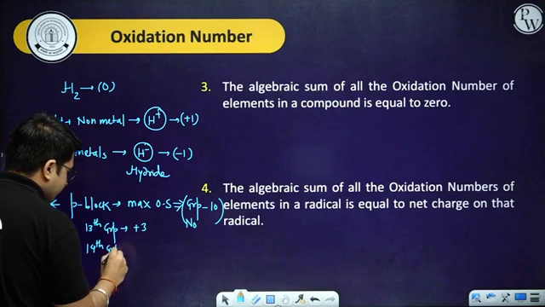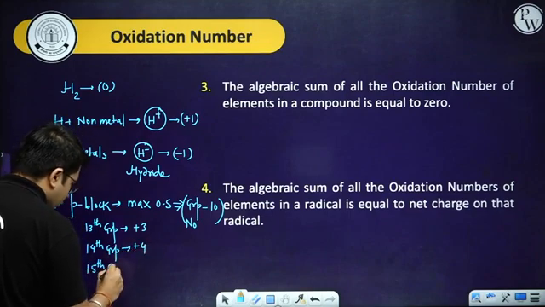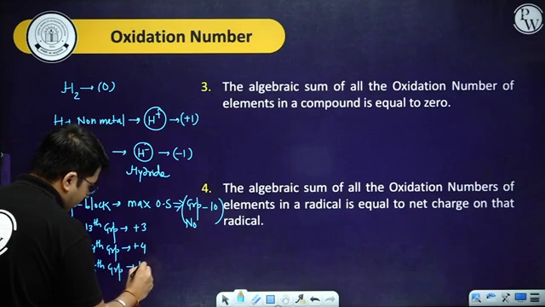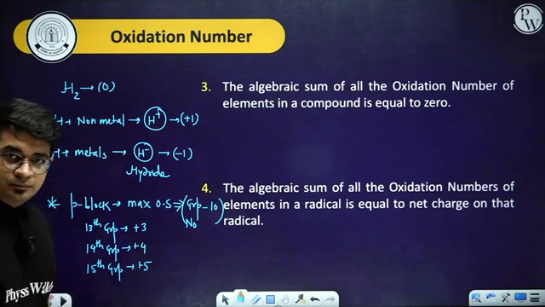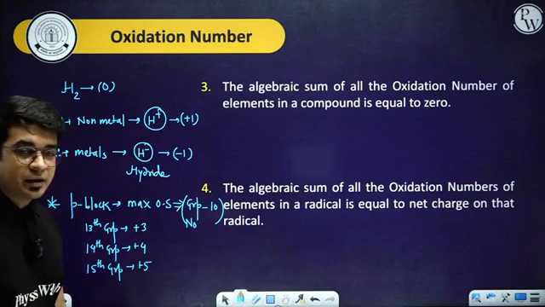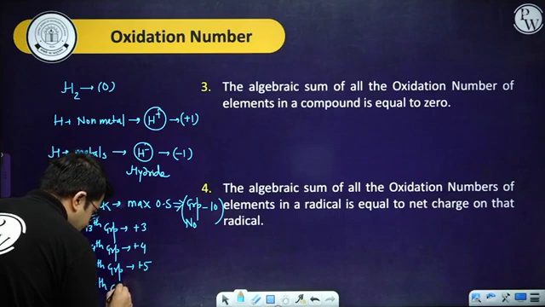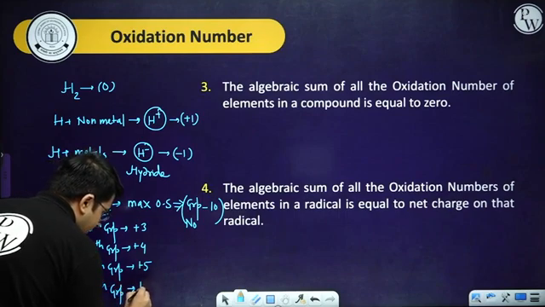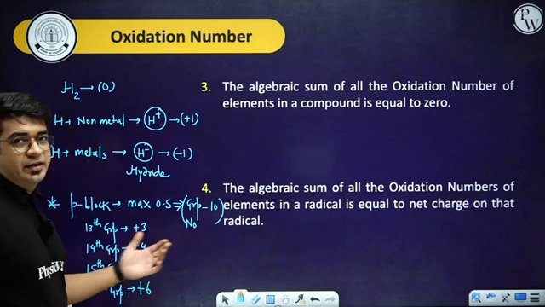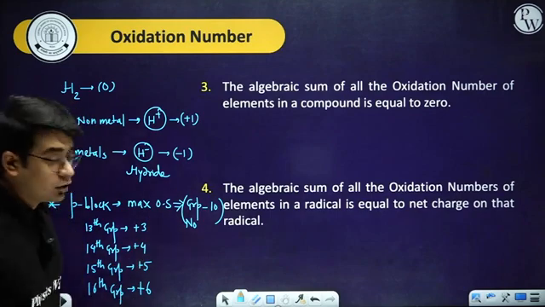The 14th group will be +4, the 15th group +5, and so on. Group 16 will be +6, group 17 +7, group 18 +8. That is the basic idea about the p block elements.